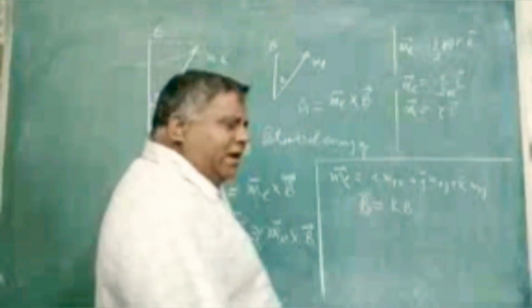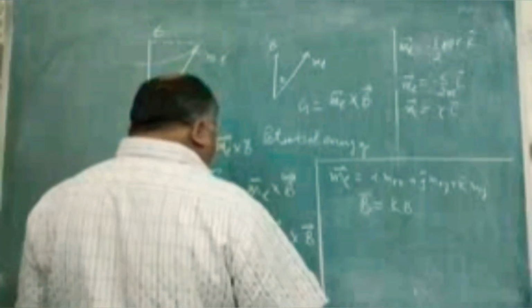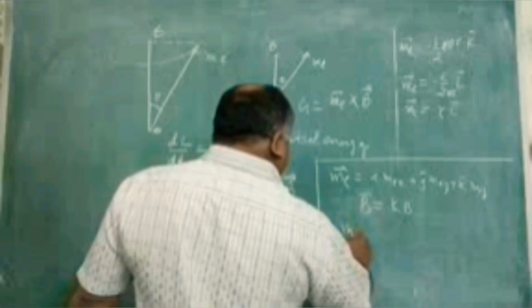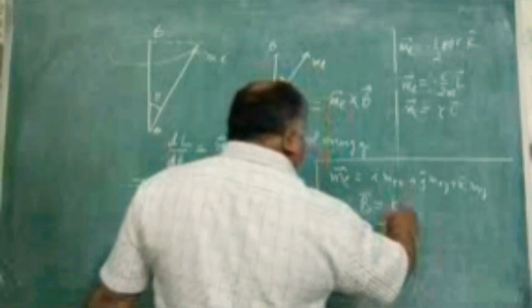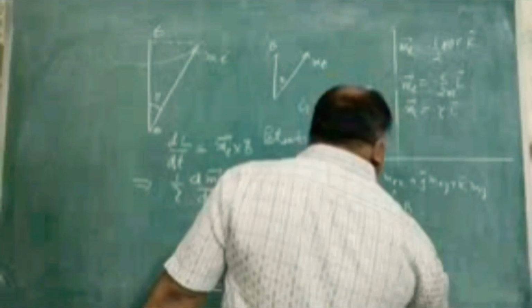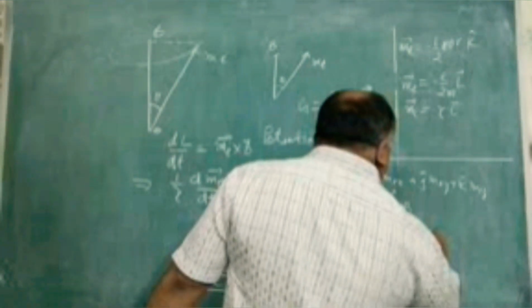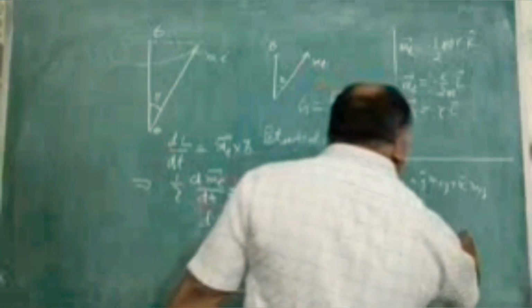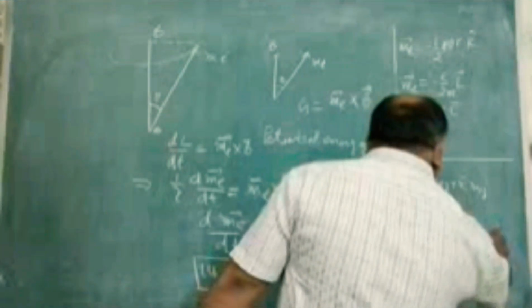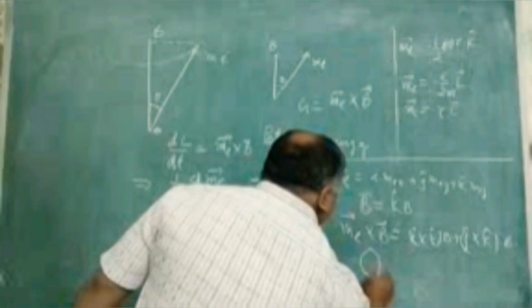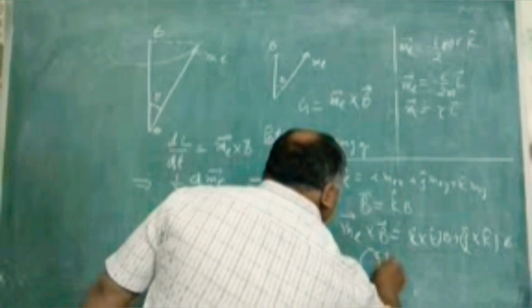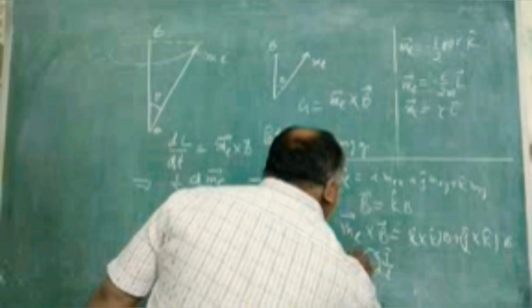B is the magnitude. So if you cross multiply, you have i cross k times B plus j cross k times B, with i cap, j cap, k cap.